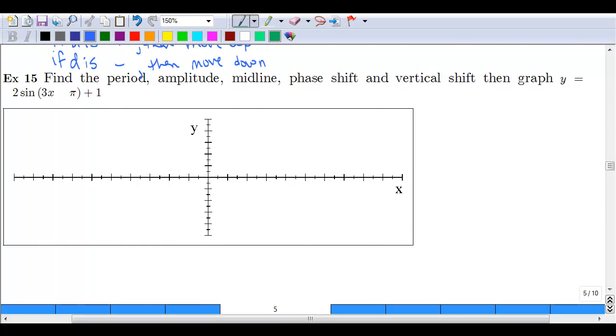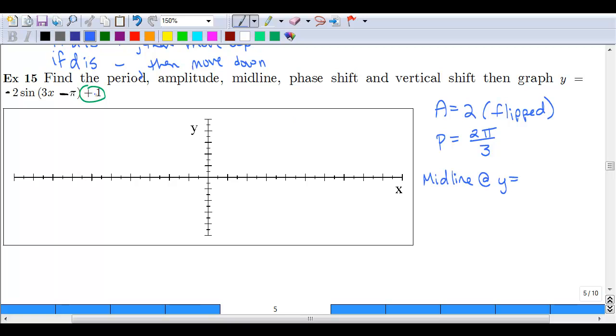So what you would do here, again, we know we've got the same function that we had up above. We've got that +1 here. Again, our amplitude is 2 and it's negative, so it is flipped. Our period again is 2 pi over 3. Our midline now is at y equals 1.